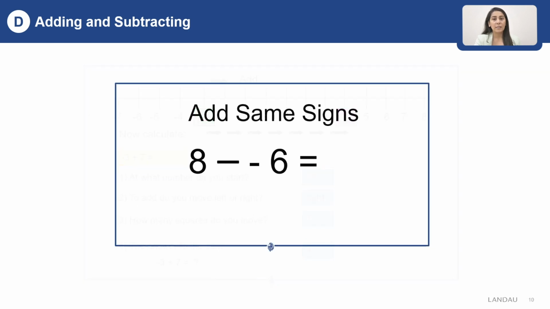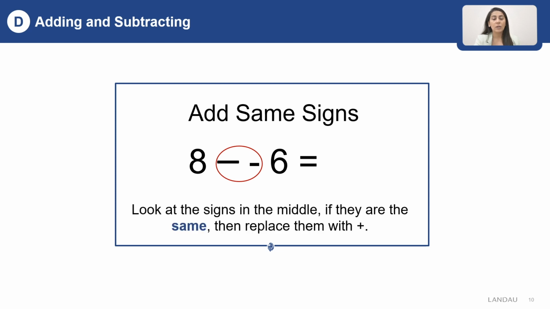Sometimes you will see signs one after another in the middle. Remember, if the signs in the middle are the same, you can replace them with plus. For example, when subtracting -6 from 8, the answer is going to be 14 because 2 negative signs in the middle will be replaced by a positive plus sign. 8 plus 6 will be 14.